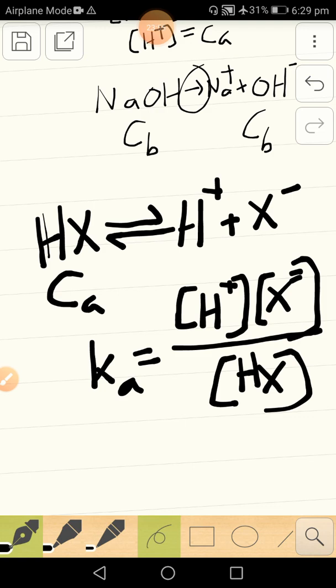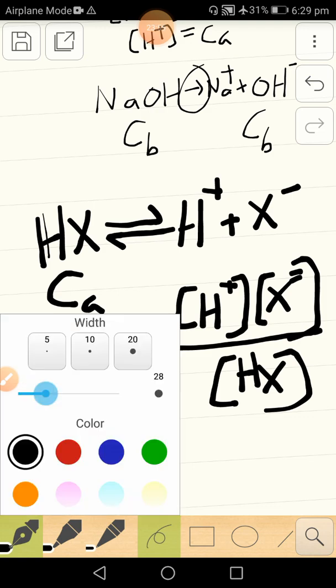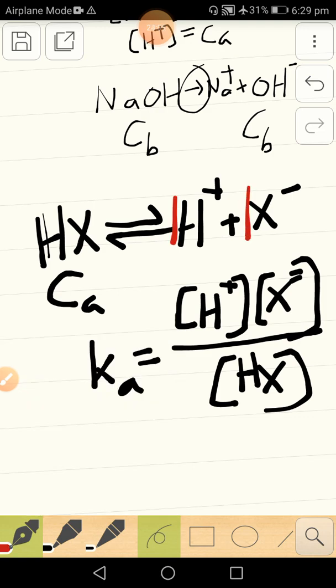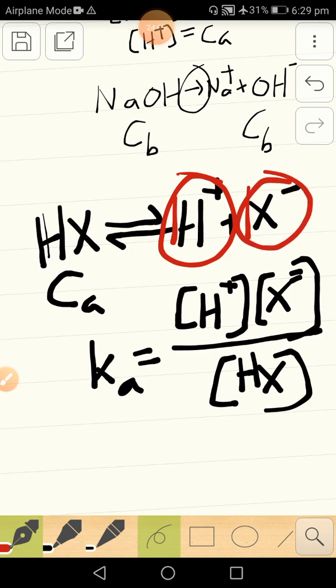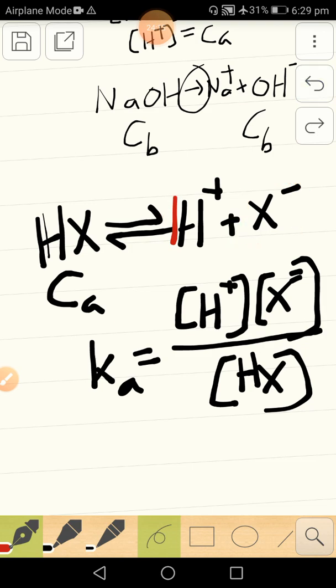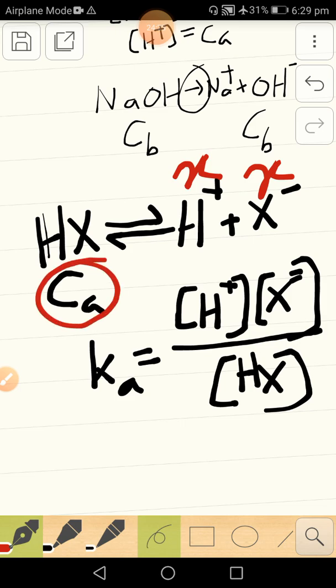Now remember that we have the mole ratio 1 to 1 to 1 here. So the amount of H plus that we get will be equal to the amount of X minus. If you get the amount of H plus as x, then you will also get the amount of X minus as x, and the concentration of acid is Ca.